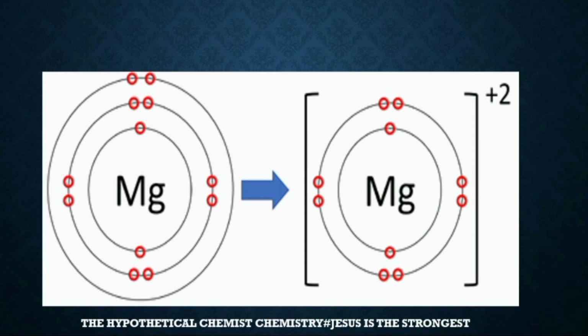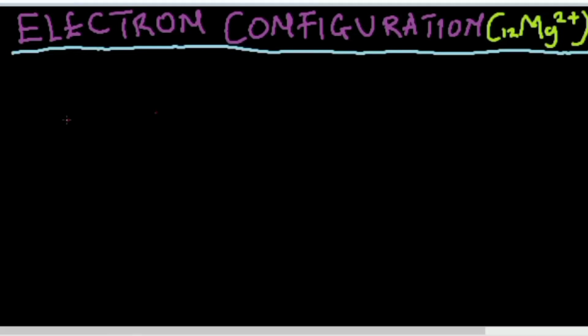So it means that in the magnesium ion we have only 10 electrons and not 12 electrons as in the magnesium neutral atom. So let's see how we are supposed to write the electron configuration of the magnesium ion.